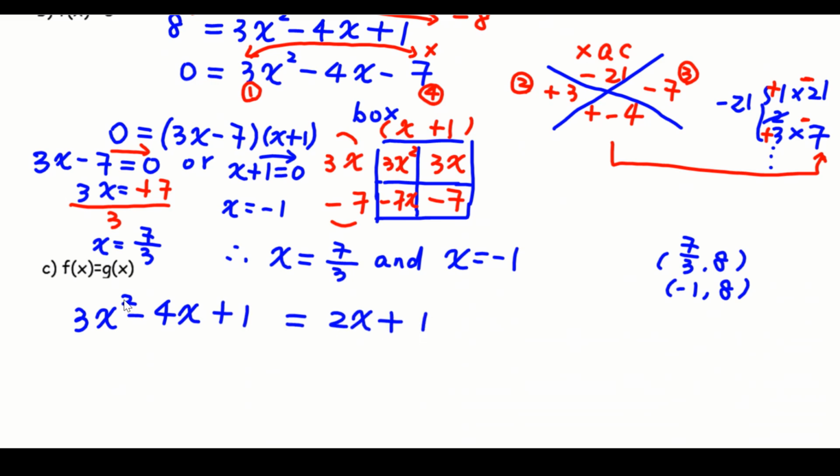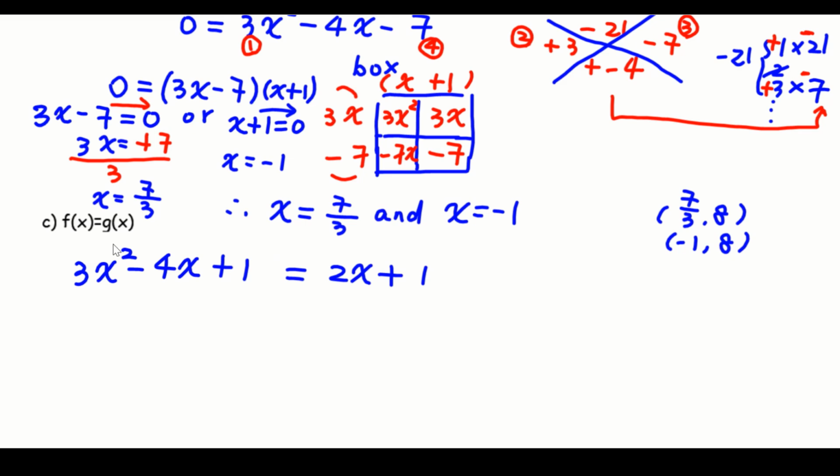And look at the highest degree, this is degree 2, so it's not linear. We are not able to isolate x. We don't have only linear x, so we cannot collect the like terms and isolate x. So for a quadratic equation, we want to make sure one side is 0 by moving all the terms to the other side.